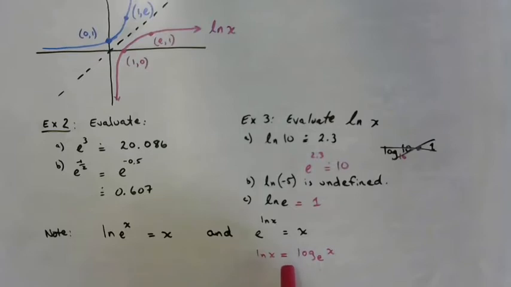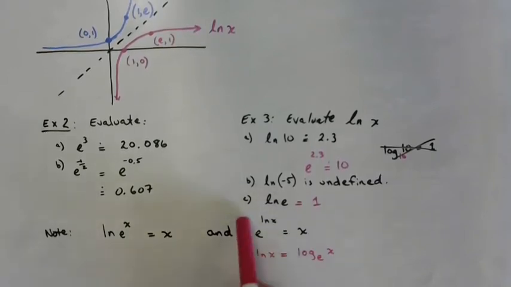This one makes sense if we rewrite this in log form. Then this says that the exponent right here is equal to the log of x with a base of e. If you convert this into logarithmic form, you get this statement, which is true because the natural log of x is the log of x base e.